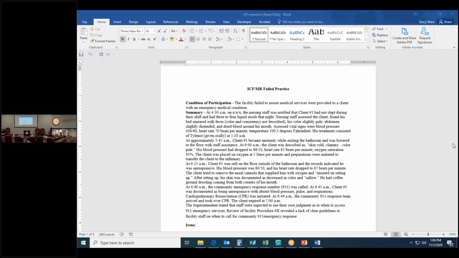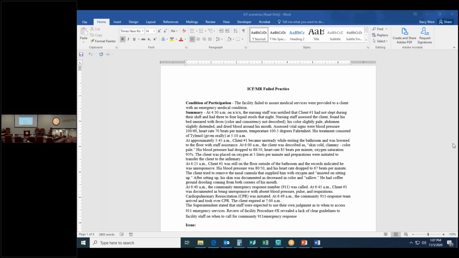At 4:30 a.m. on such day, the nursing staff was notified that client number 1 had not slept during their shift and had 3 to 4 liquid stools that night. Nursing staff assessed the client, found his bed smeared with feces, color and consistency not described, his color slightly pale, abdomen slightly distended, and dried blood around his mouth.